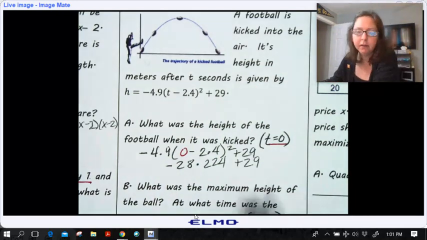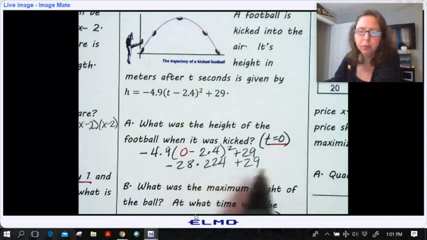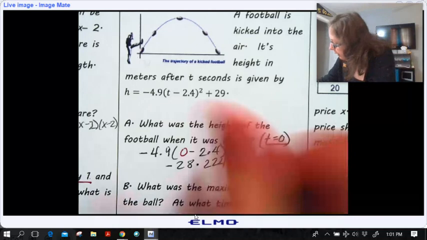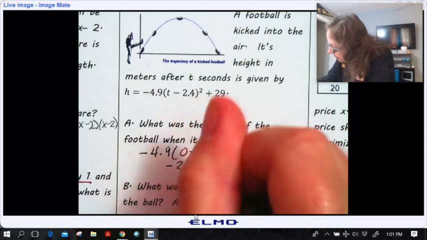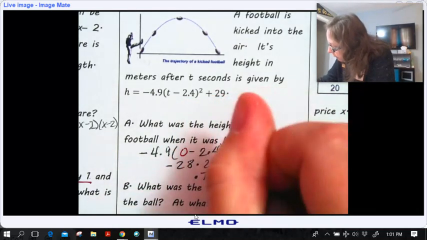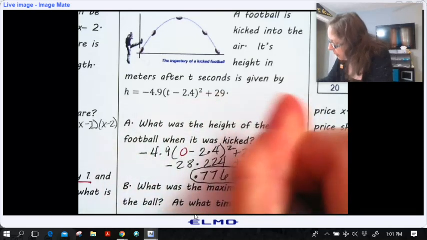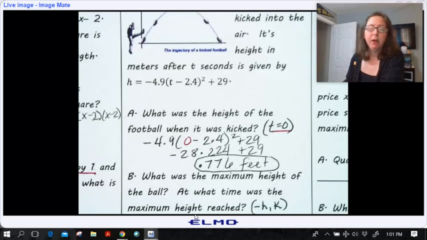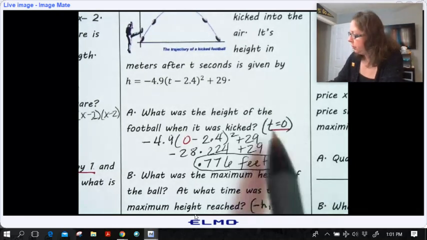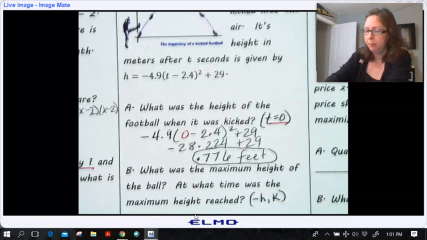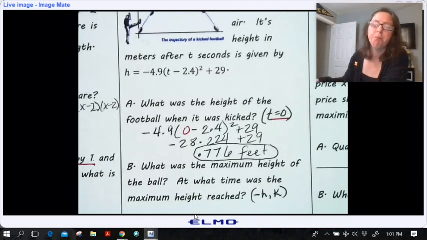And then if I add these two together, negative 28.224 plus 29 will give me 0.776 feet. Okay, so that's how I do it by hand. I just need to know to plug in that the time that has elapsed is 0.